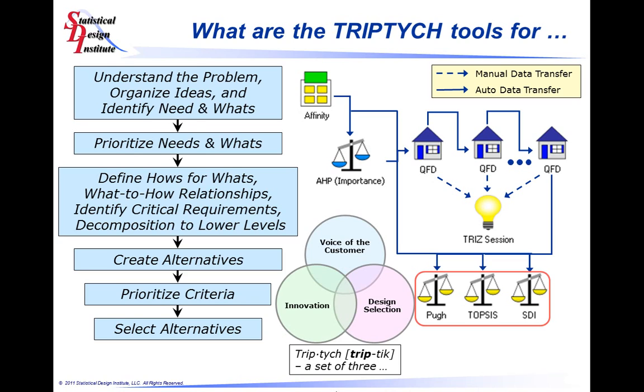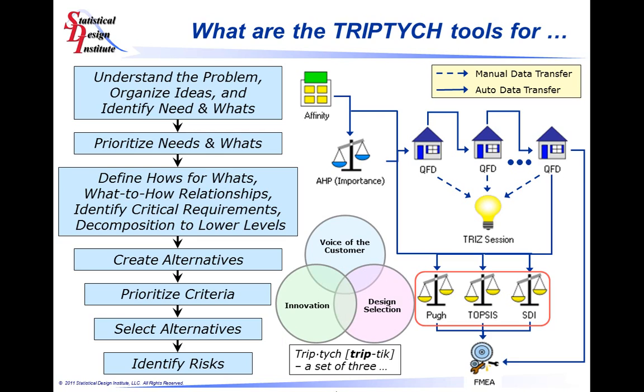In this area of our discussion, we'll be taking once again a set of criteria which we can possibly rank order using our AHP technique that was previously discussed, and then looking at how we can evaluate this criteria with respect to our various options that are available for a solution, and determine a preferred option using either the Pugh Matrix technique, the TOPSIS technique, or the SDI technique.